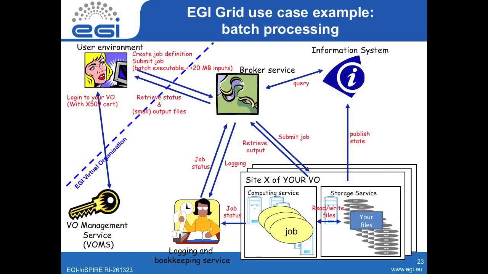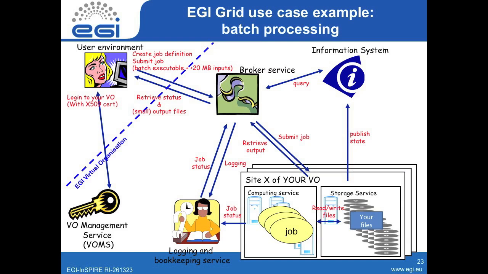So this is a similar slide for the computing workflow. Batch processing: a user gets their credential as usual and contacts the broker service, so the WMS that I was describing in the previous slide.